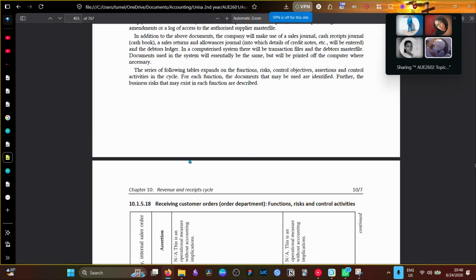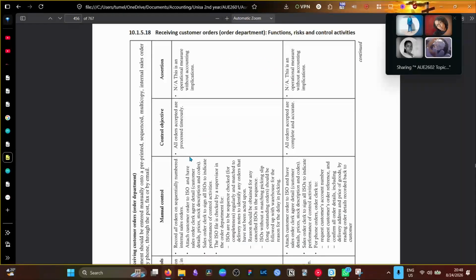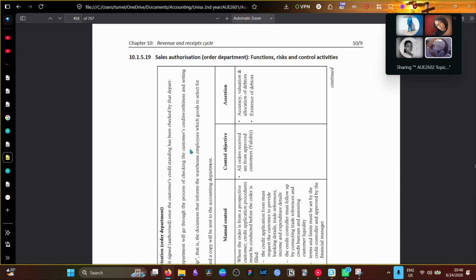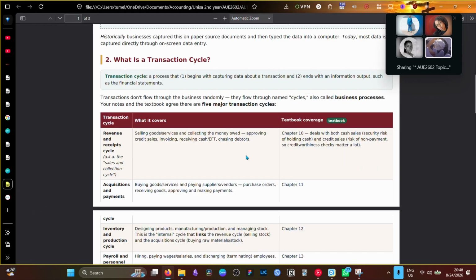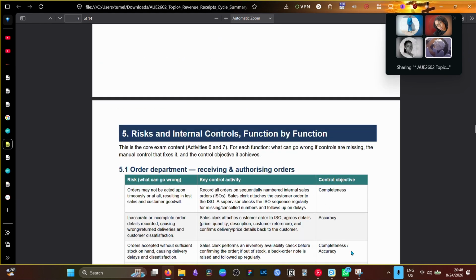But also, auditing notes are your best friend. In the cycles, you can never go wrong with auditing notes. This PDF is obviously good, but you'll never go wrong when it comes to auditing notes. Anyway, let us continue.